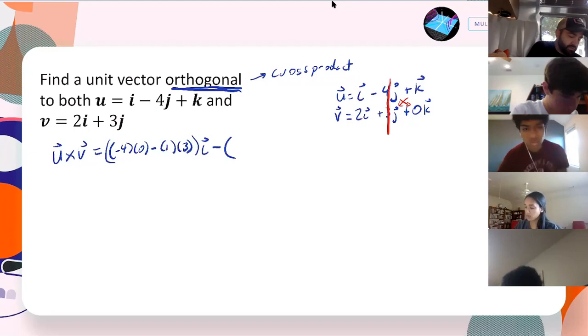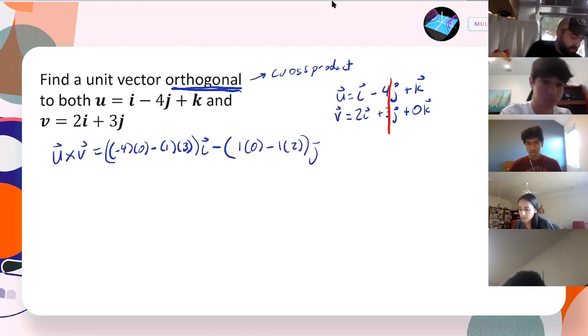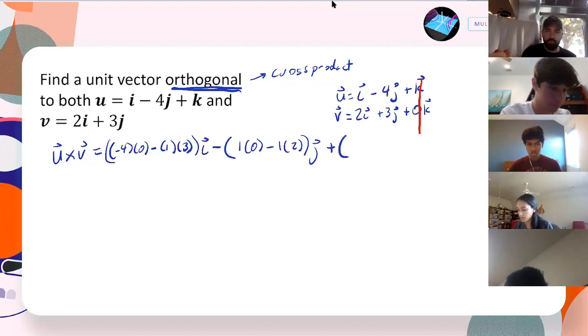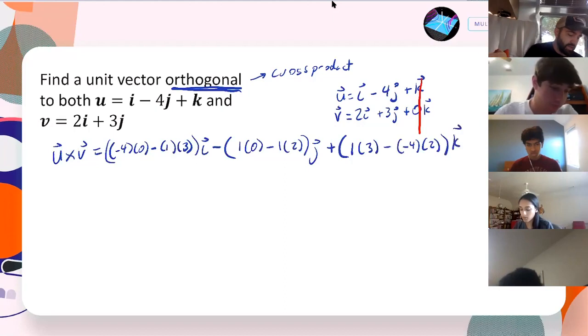Then I just move this over here and do the same idea. So I'm going to multiply 1 times 0 minus 1 times 2. Okay, the numbers are kind of going across there, and that's my j component. And then the next one I change back to positive, and I'm basically just sliding this down. And if I go across with those 4 numbers there, I have 1 times 3 minus -4 times 2. And that's my k component.